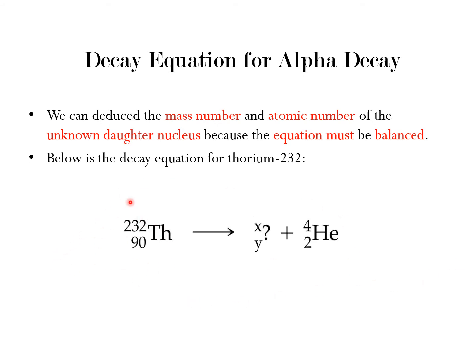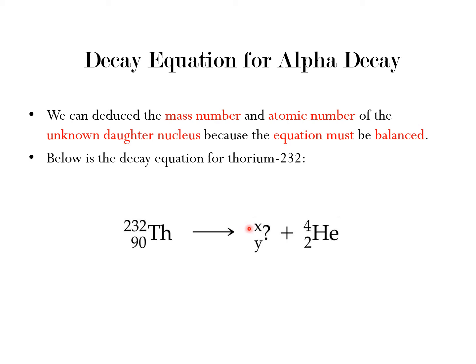This is the parent nucleus and this is the unknown daughter nucleus. What it means by the equation must be balanced is that the total of mass number and the atomic number on the right side of the equation must equal to the total of the mass number and atomic number on the left side of the equation.